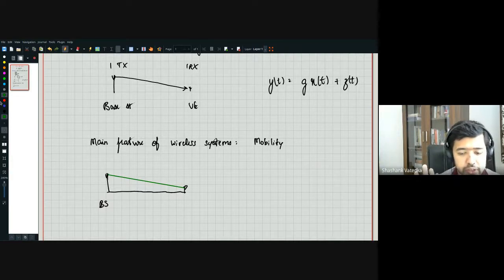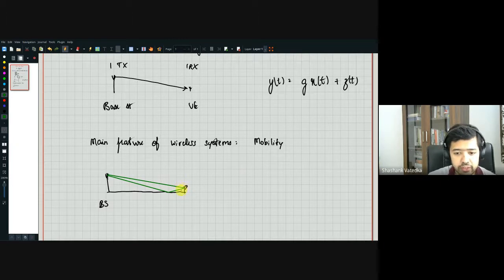Is it possible for the signal to get reflected off something? From the ground. Exactly. So even though it's a completely empty field, there is one reflector, and that is the ground. There is some absorption by the ground, but in general, the ground doesn't completely absorb radiation. Some amount of it is going to be reflected, right?